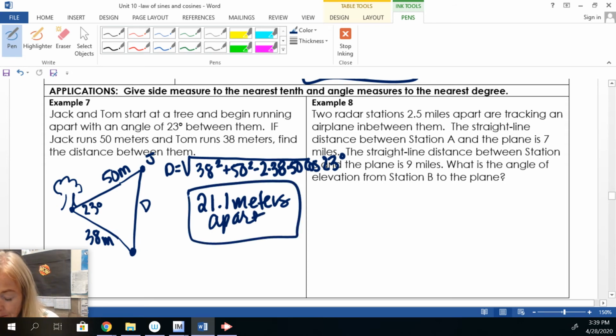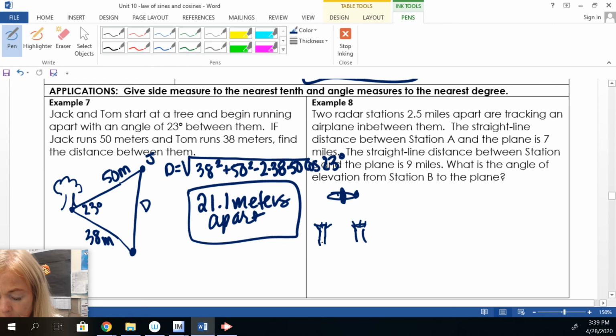All right, two radar stations, 2.5 miles apart, are tracking an airplane between them. So here is the airplane, and here's the tracking tower.